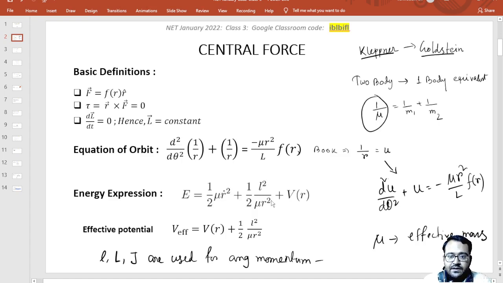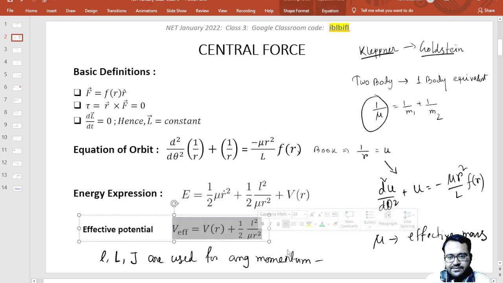The energy expression for any general central force problem will be half mu r dot squared plus half L squared by mu r squared plus V(r), the potential. This V(r) together with half L squared by mu r squared is a very important quantity.